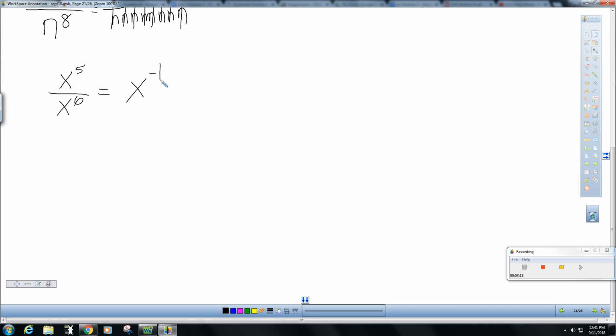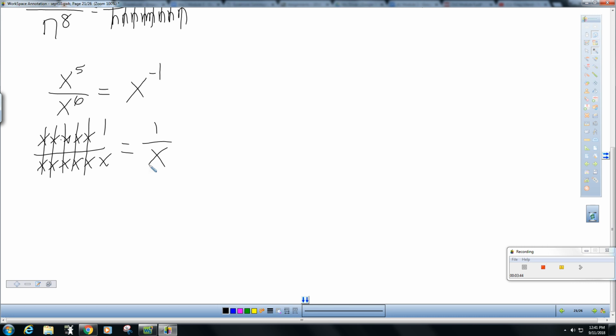But if you just do simplification, you got 5 x's on top, you have 6 x's on bottom. That's gone, that's gone, that's gone, that's gone, that's gone. What's 1 times 1 times 1 times 1 times 1 times 1? It's 1. So you also could call the answer to this question 1 divided by x.